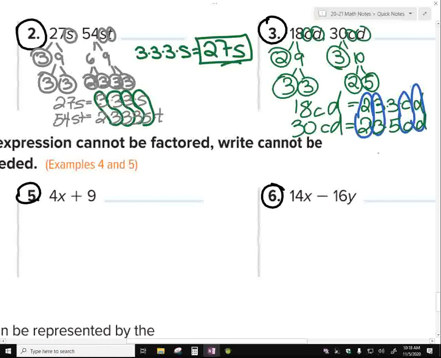Comes out to be 6. I'll go over here. 2 times 3 times C times D equals 6CD.